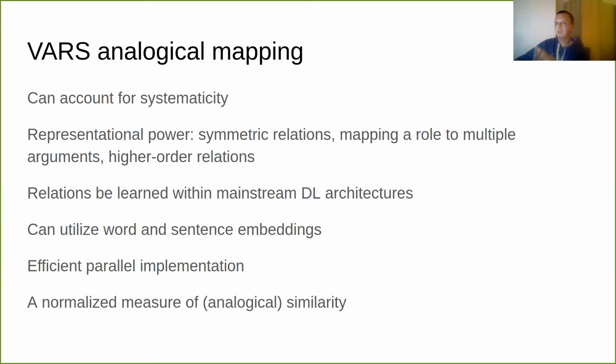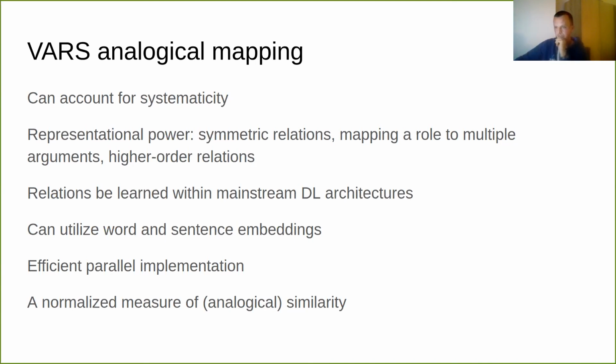The relations that we use can actually come from mainstream deep learning architectures. We have simulations showing that you can train a classical neural network, without any fancy mechanisms, to produce such VARS representations, to learn relations, and to learn to bind them to the proper arguments.